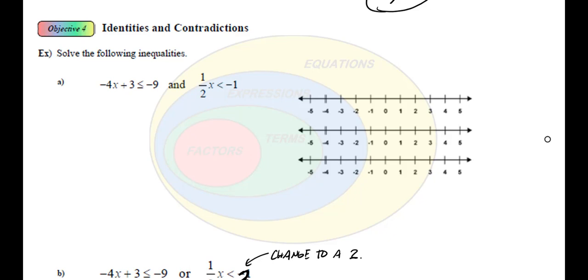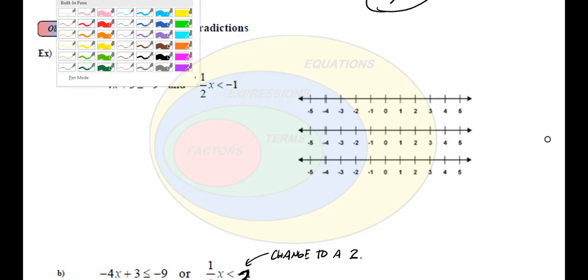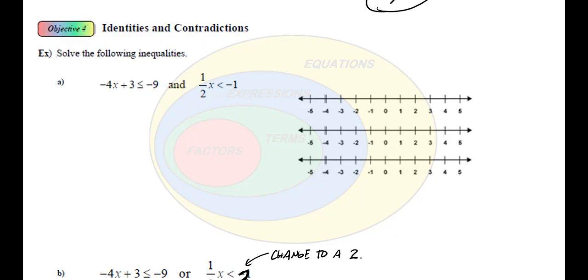First thing, we're going to solve both inequalities by themselves. Solving each, on the left side, we'll subtract 3 from both sides. We get negative 4x is less than or equal to negative 12. Then we want to divide by negative 4, and since we're dividing by a negative, we want to make sure we flip the inequality symbol, so that would be greater than or equal to.